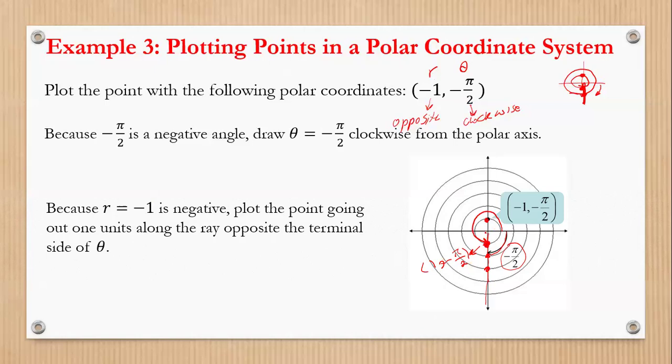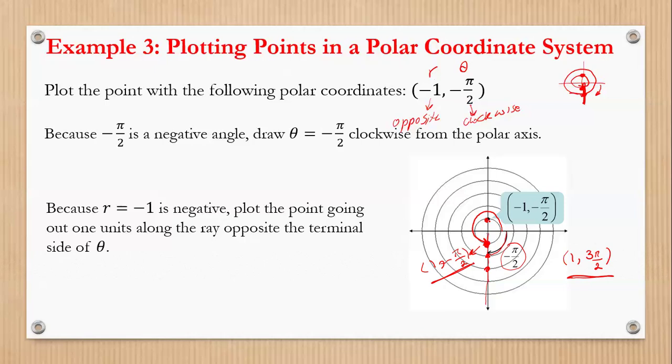If we look at the point in the counterclockwise direction, it should be 1 and 3pi/2. So this point can be represented as 1 and -pi/2, and also as 1 and 3pi/2. It depends on where they ask us to find the point.